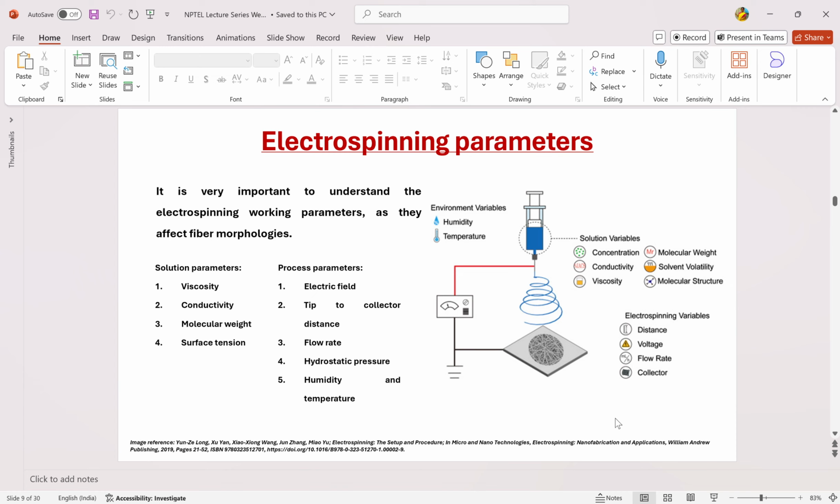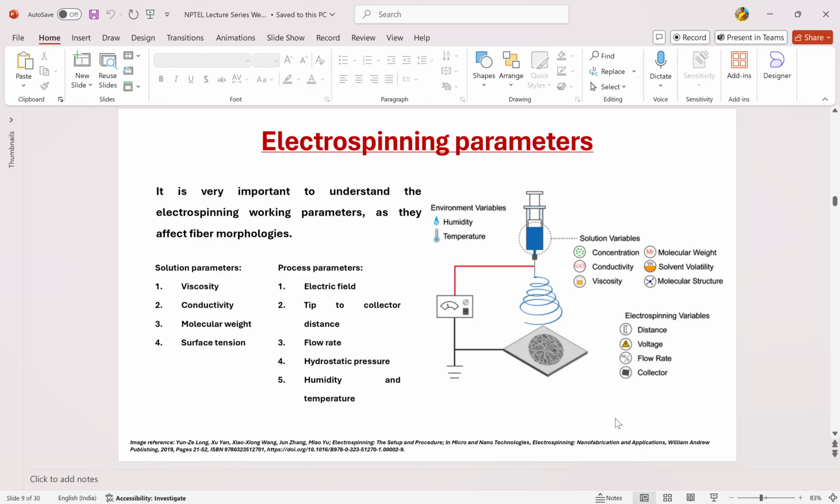But if your tip to collector distance is more, then you will get finer fibers, because the jet which is ejected will become finer as it reaches the bottom, and also due to some effect of gravity. So you get the combined effect of the electric voltage that you have applied as well as a little bit of gravity, and you will get finer diameters. So the tip to collector distance is also very important.